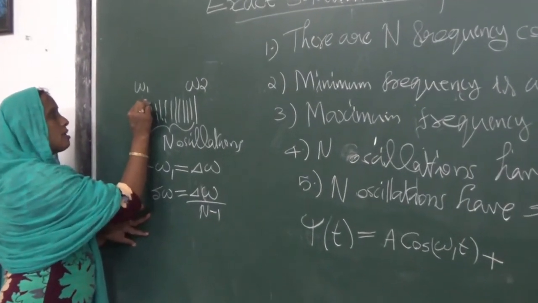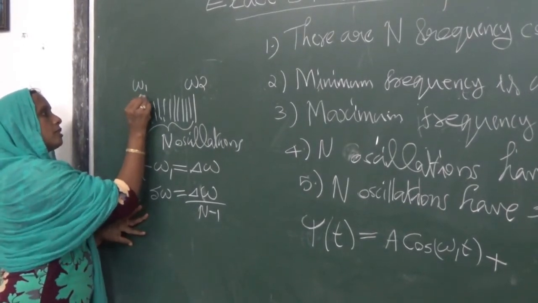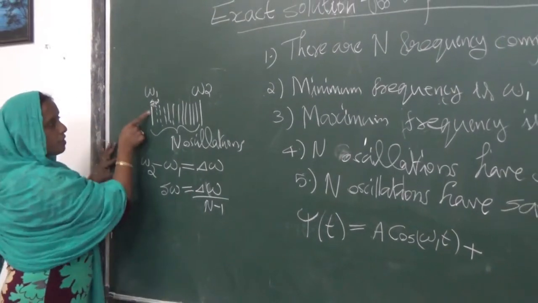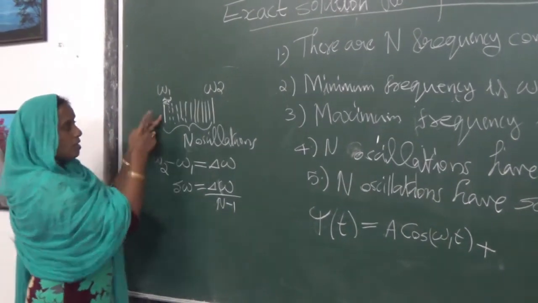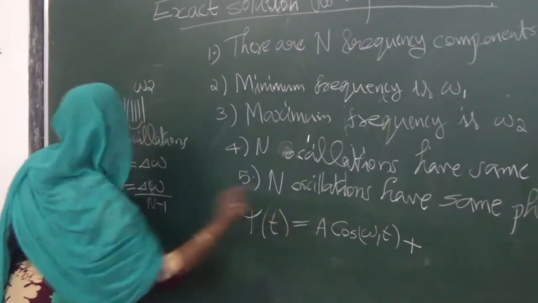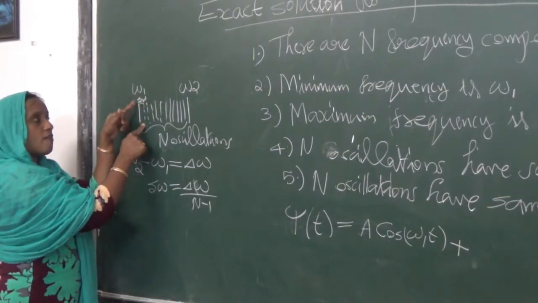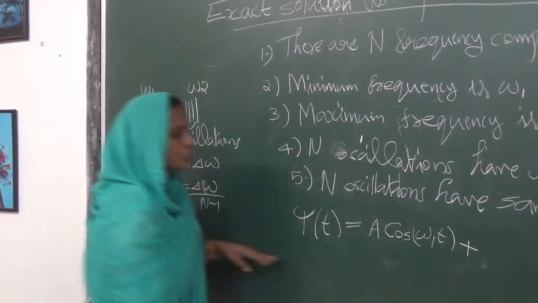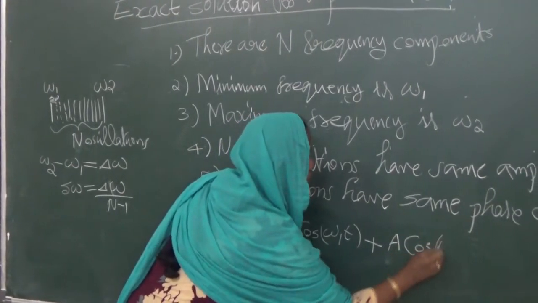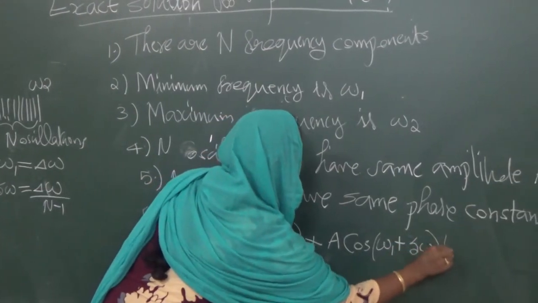Like this, each small portion represents delta omega. So the first frequency is omega 1, and the corresponding harmonic oscillation is A cos omega 1 t. The next frequency is omega 1 plus delta omega, so here comes A cos (omega 1 plus delta omega) t.